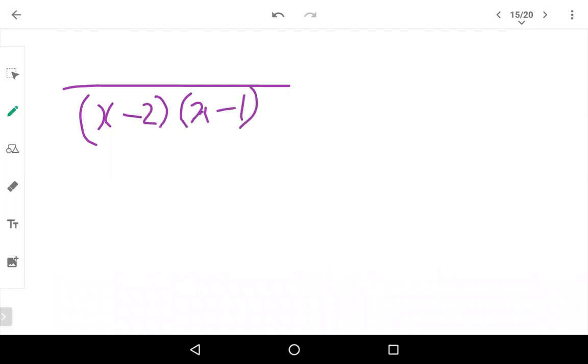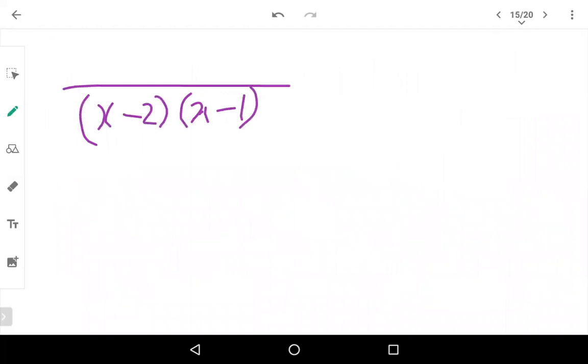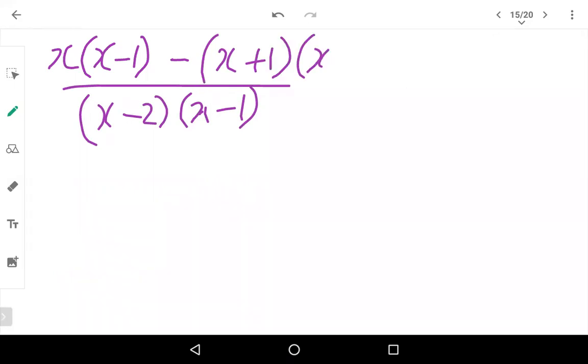Now for the numerator, I am supposed to do the cross multiplication. So x into x minus 1 minus x plus 1 into x minus 2. Okay, so x into x minus 1, then we have minus in between, minus x plus 1 into x minus 2.